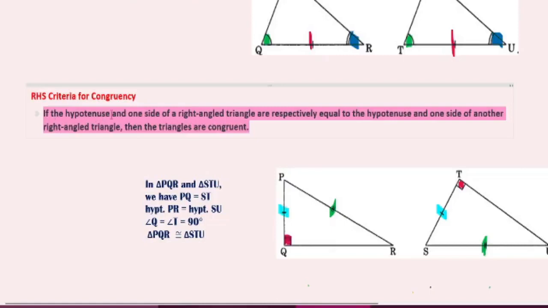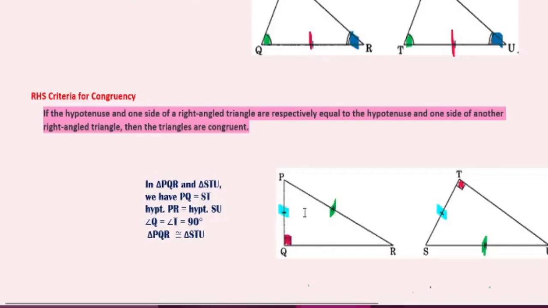So one example you see first, here you consider triangle PQR. In PQR angle Q is 90 degrees. So here PR is known as hypotenuse. In any triangle, the side opposite to the angle 90 degree, that is known as hypotenuse.